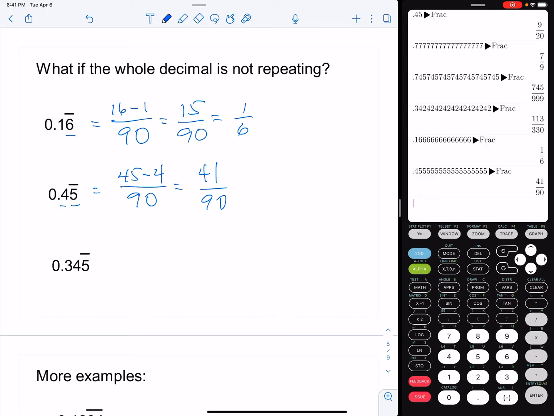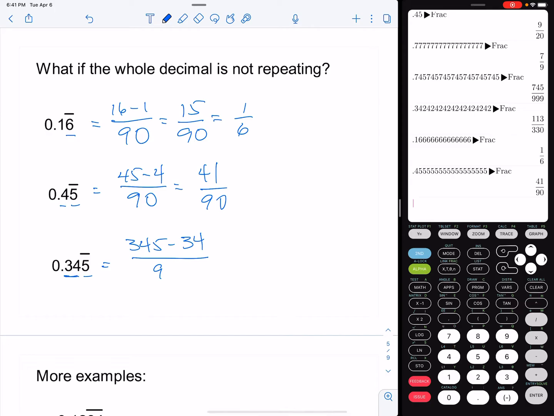Excellent. Well, let's talk about this next one. This next one is a little bit different. So for the numerator, you're going to take the entire decimal, 345, and we're going to subtract from that the number formed by the non-repeating portion. So this is 34. So we're going to subtract 34 from that. For the denominator, we have one number that repeats.